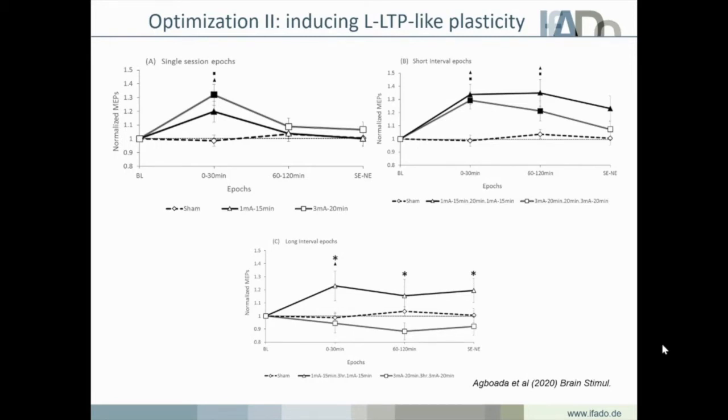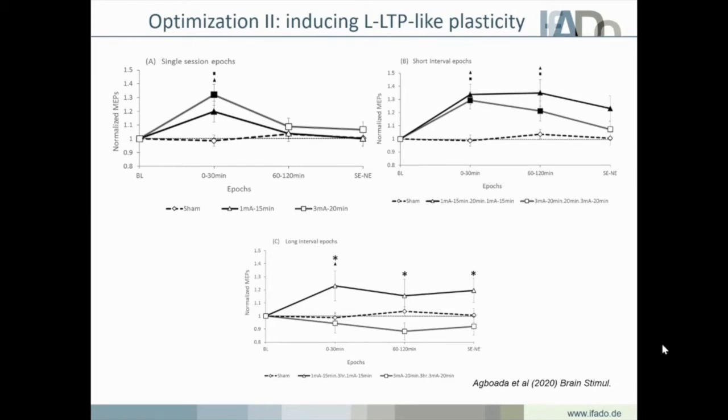For the short interval results, we were able to induce after effects that were significant up to the next day evening. That is for the standard protocol. So the standard protocol after effects were still significant up to the next day evening, whereas for the optimal protocol, after effects were significant only up to 2 hours.